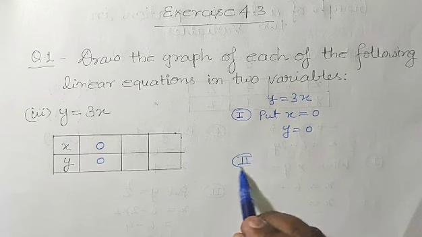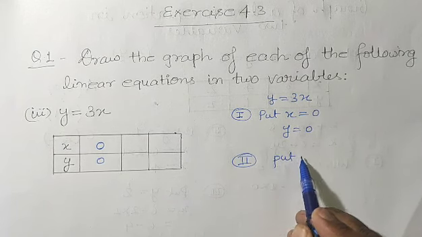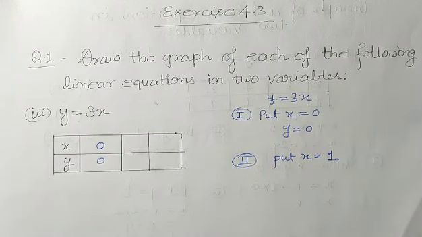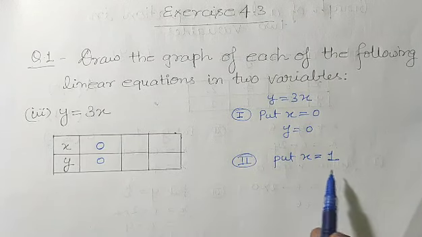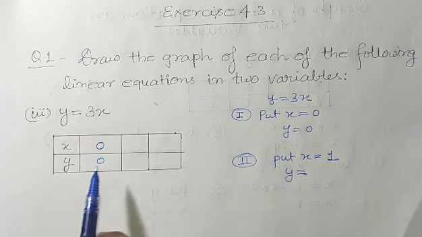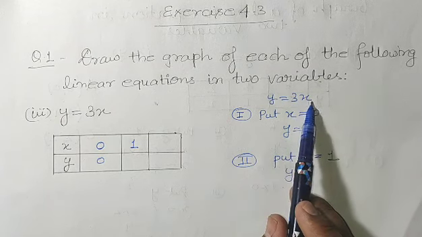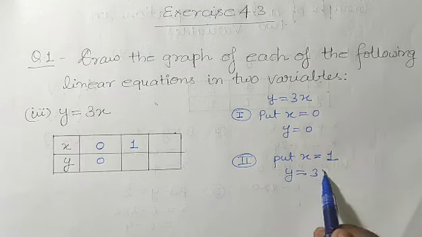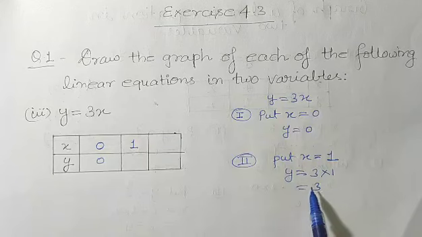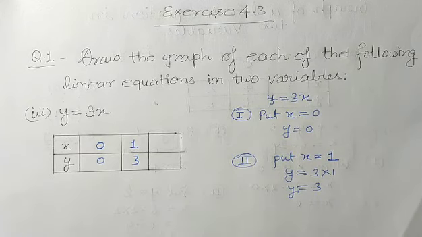Second solution, when x is equal to 1, suppose we have put the value of x as 1, then y is equal to 3 into 1, that is y is equal to 3. So when x is equal to 1, y is equal to 3.